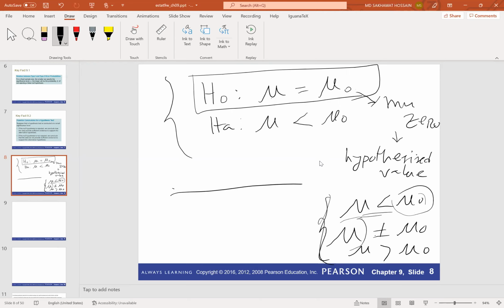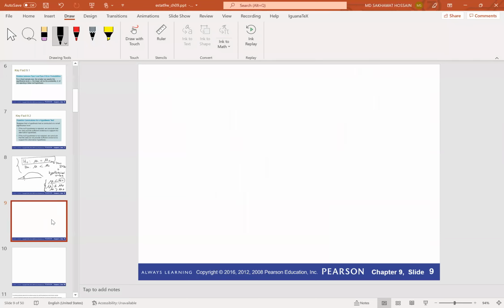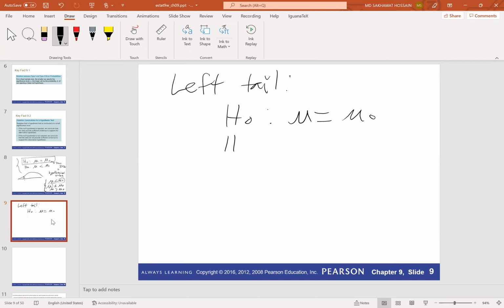In this case, the critical value will be somewhere on the left side of the distribution. That's why we call this a left tail test. So the null will be mu is equal to mu0, and the alternative is mu less than mu0.